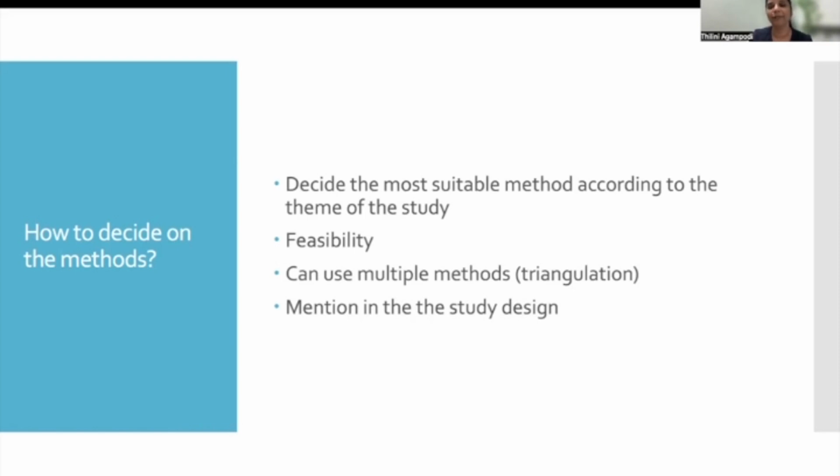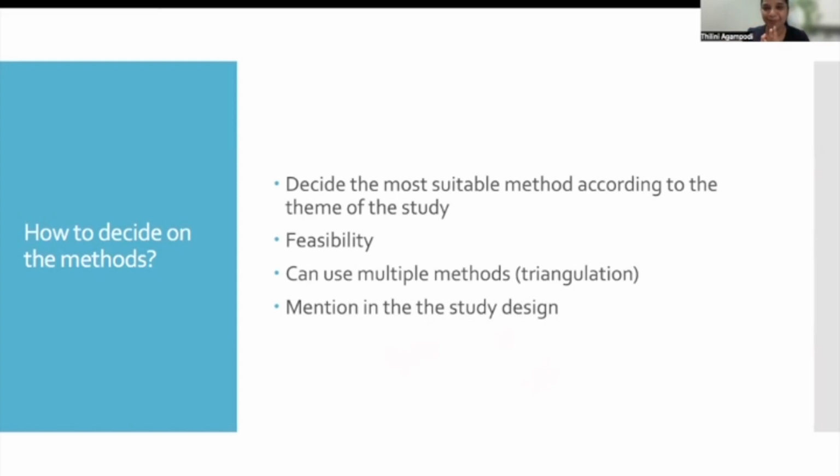Likewise, you can include what exactly your design is in the study methods. So if you are talking about the proposal or the manuscript, as you know, when you write the methods, you have to first include the study design, right?